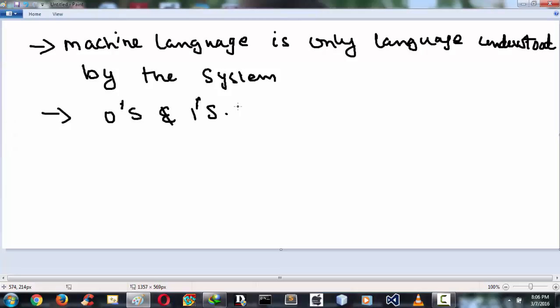You might think, so what is the use of learning all these programming languages which are not understood by the machine, and why can't we write programs directly in machine language? You might get some kind of doubt like that, but it is not correct.